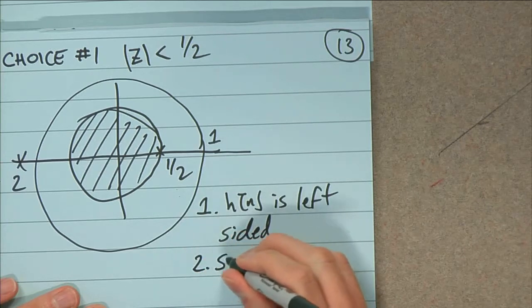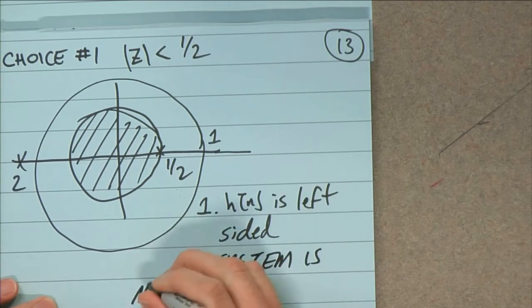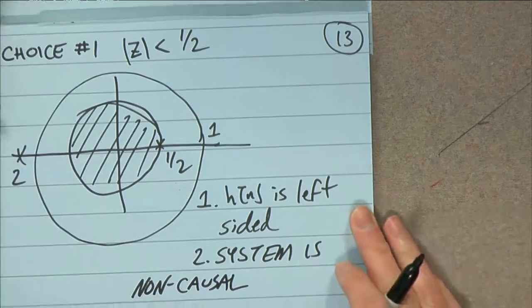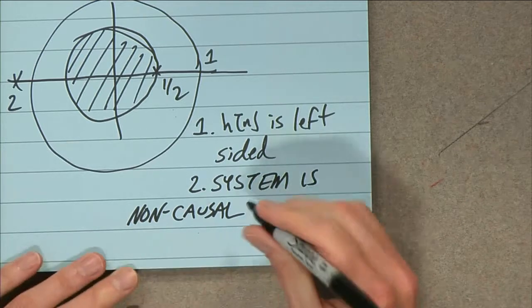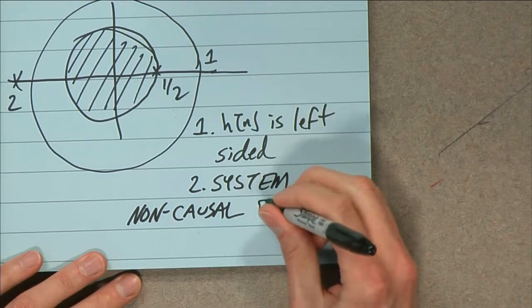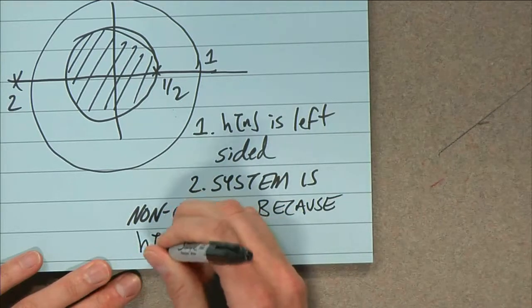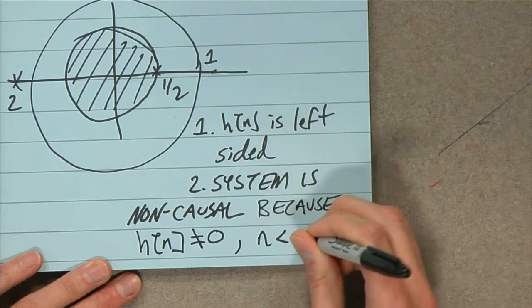It means the system is non-causal. That goes back to, I guess, our whirlwind recap of linear system theory that we did in lecture 1. So the system is non-causal because h[n] does not equal 0 for n less than 0.